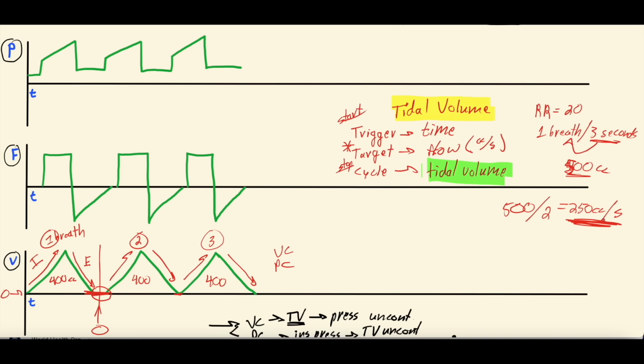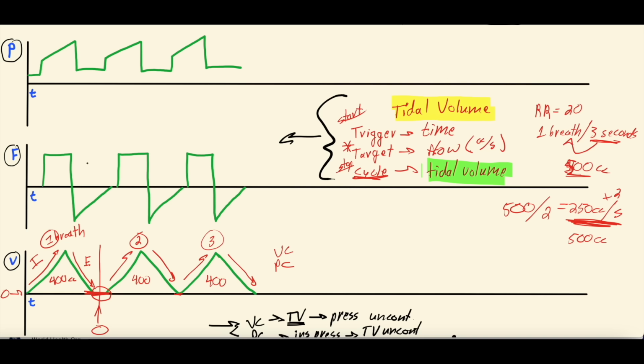So it will give 250 cc's per second for the 2 seconds until it gets to the tidal volume I set of 500 cc's, right? 250 times 2. And then it will cycle. It will say, stop the breath. That's the tidal volume they wanted. Breath is over.